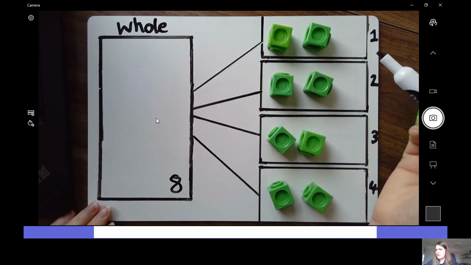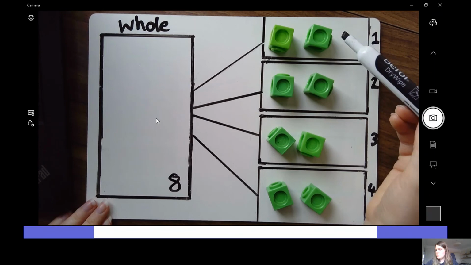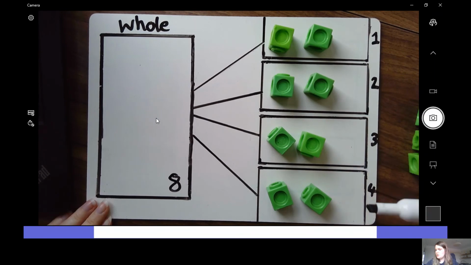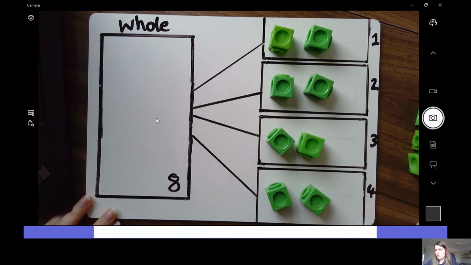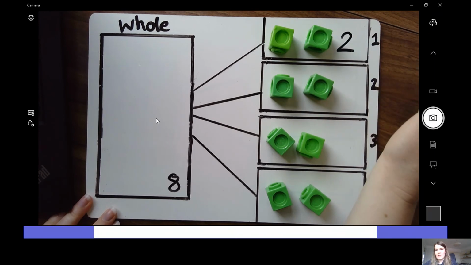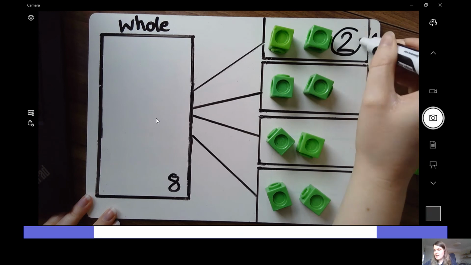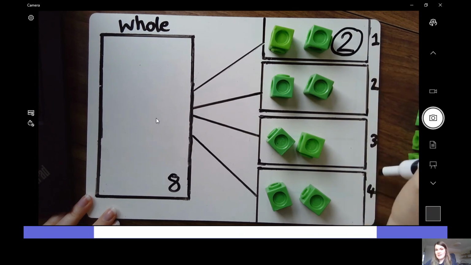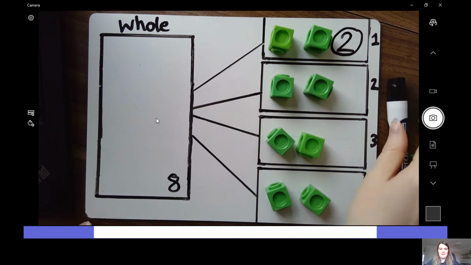Have we shared it equally? Well, let's see. This one's got 2, 2, 2, 2. So when we share 8 and we quarter it, how many is it? It's 2. Fantastic, because there is only 2 in each box. Did we share 8 equally? We absolutely did.